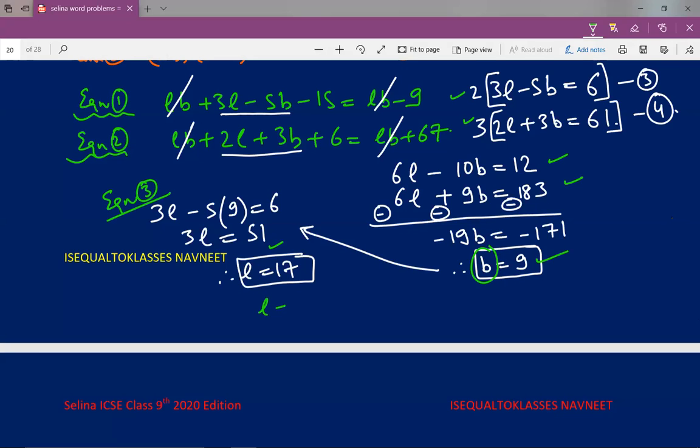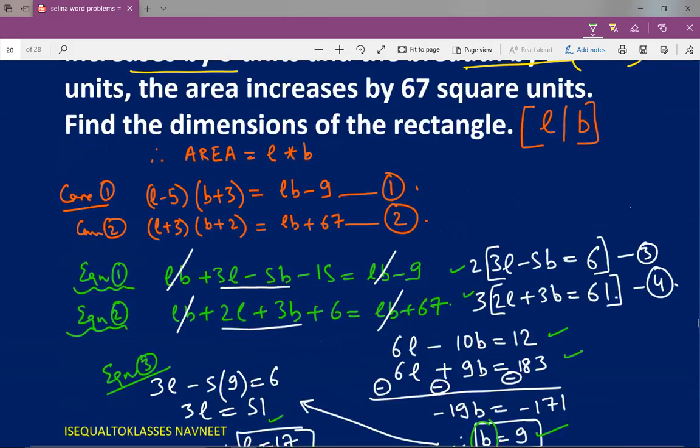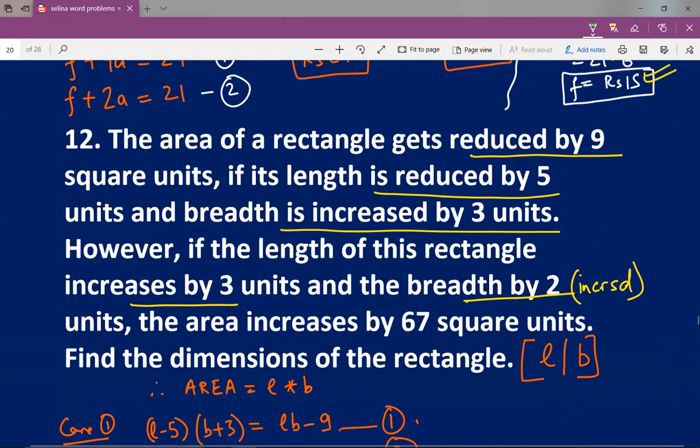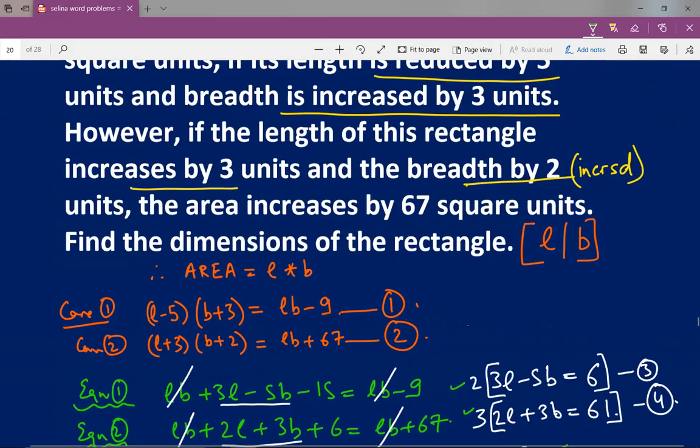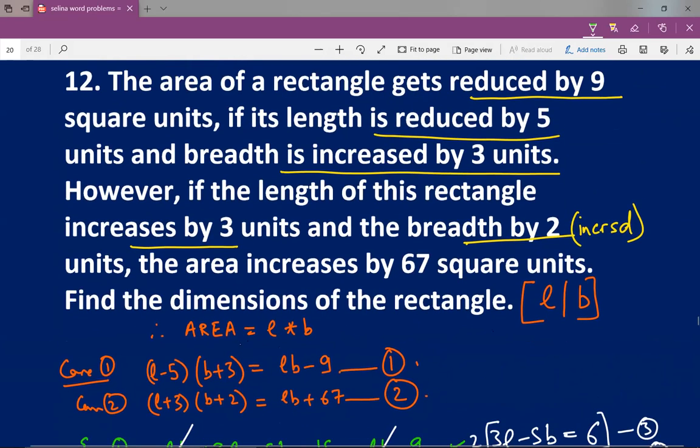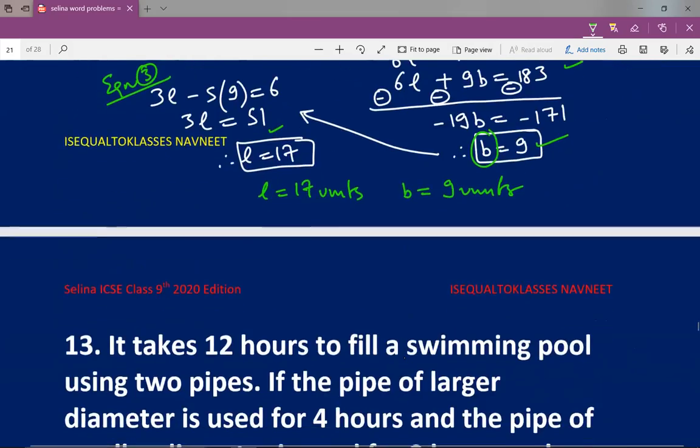So my L is 17 units and my B is 9 units. Now if you want to check this, you can put the values that we have got here, L and B, and you can match the values.